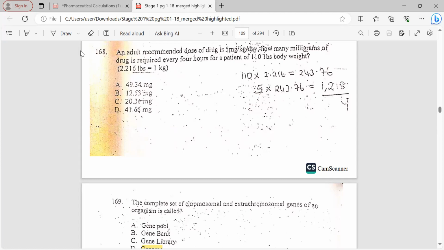We've been given the conversion factor. So 1 kg is the same as 2.216 pounds. So a person of 110 pounds is how many kgs? We take 110, we divide by these ones to get the number of kgs.